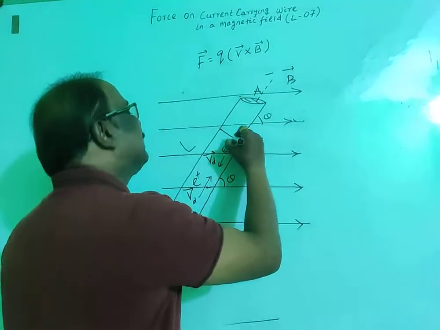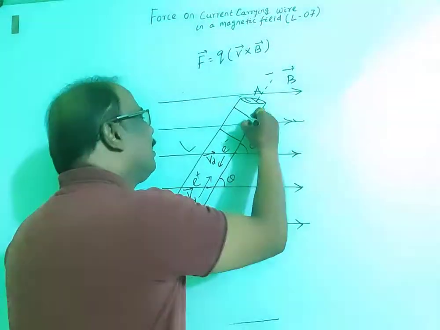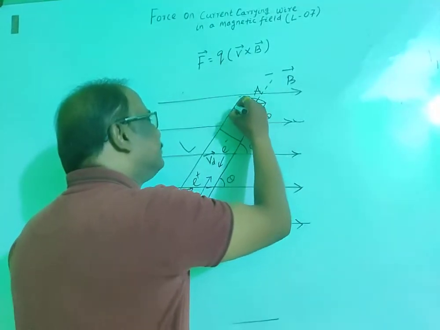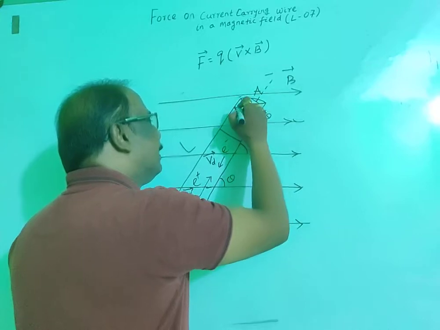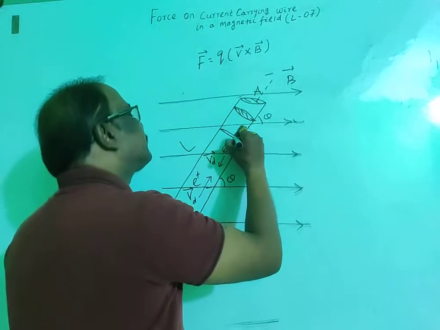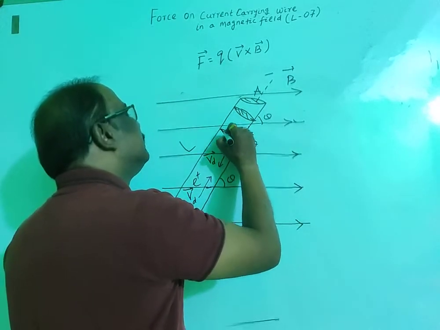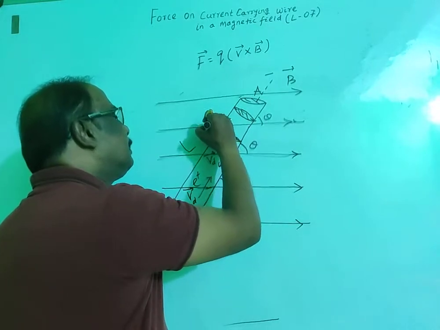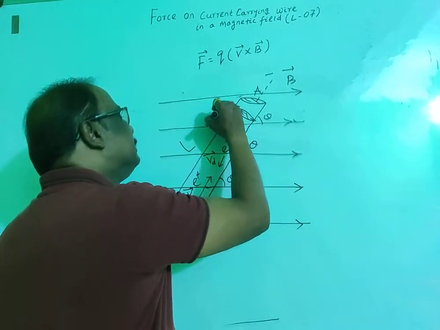Now let's consider an elemental length, a very small length of the conductor, and let this length be dl.